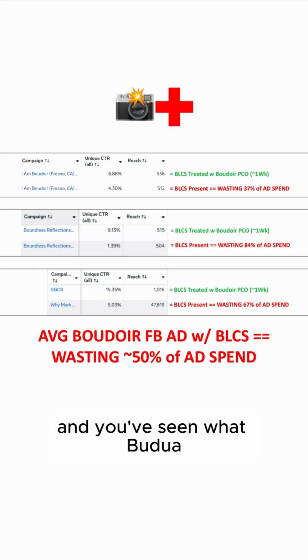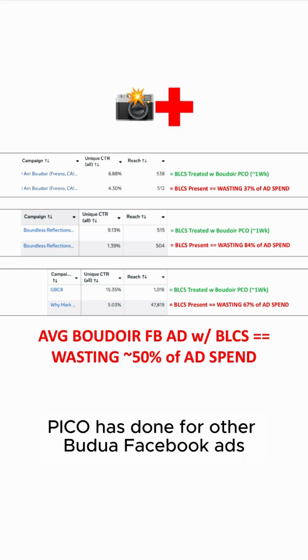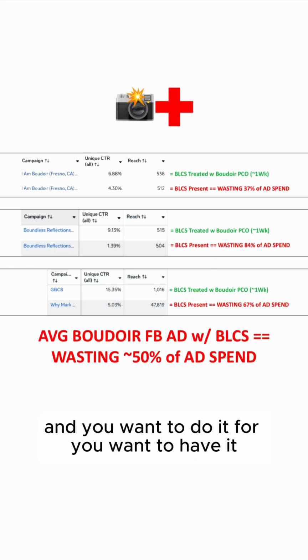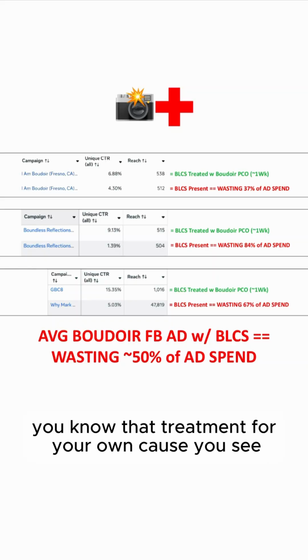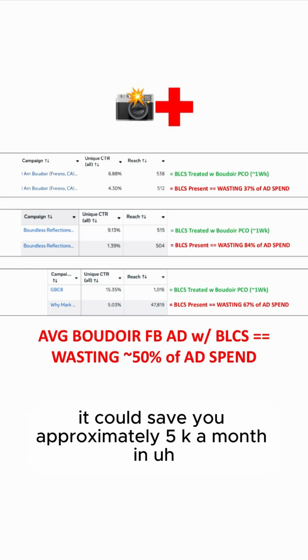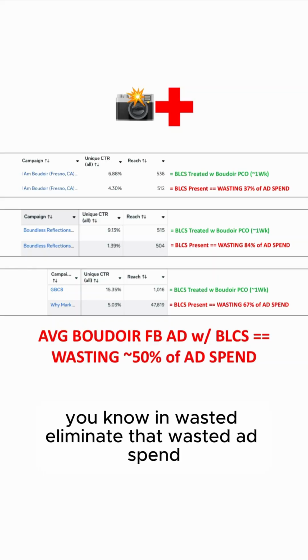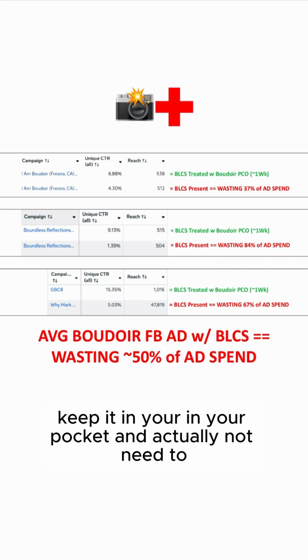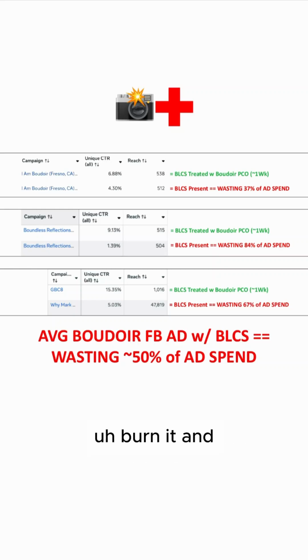And you've seen what Boudoir Pico has done for other Boudoir Facebook ads, and you want that treatment for your own, because you see it could save you approximately 5K a month in wasted ad spend, eliminate that wasted ad spend, keep it in your pocket, and actually not need to burn it.